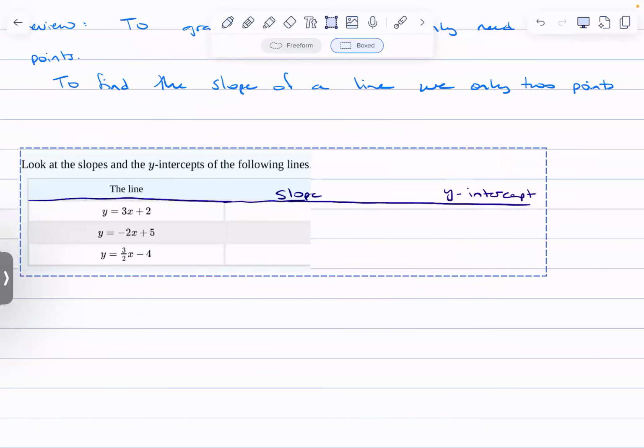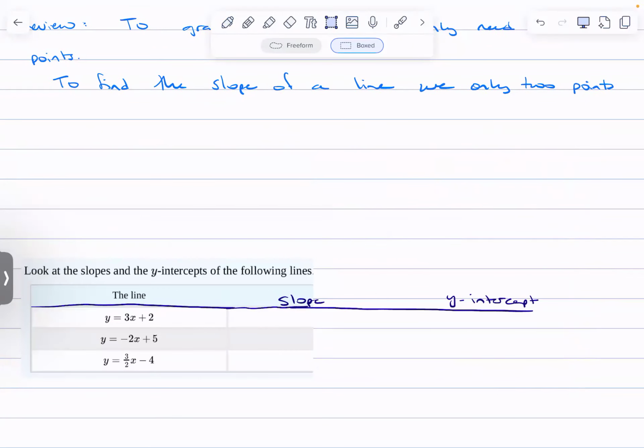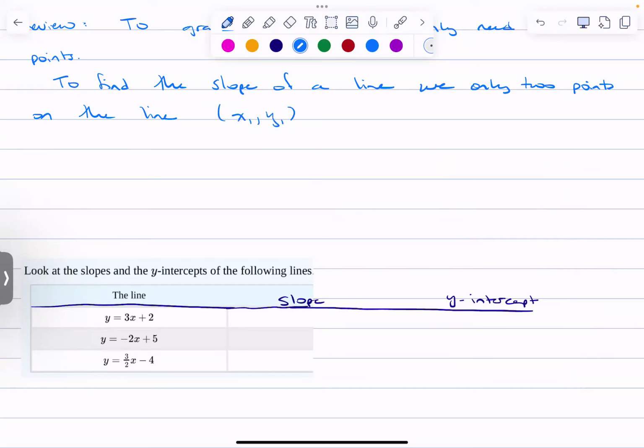I'll need more room then. Generically, x1, y1, and x2, y2, right? And we said the slope is usually denoted by a lowercase m.